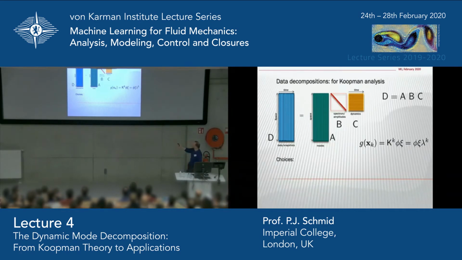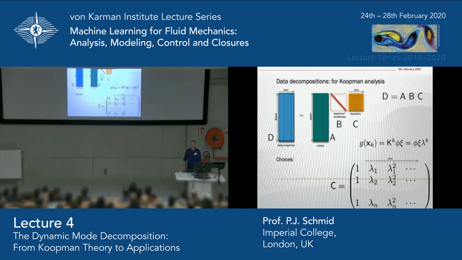So the last, final constraint is the shape of the C matrix. The shape of the C matrix is given here, lambda to the k. So the C matrix looks exactly like this: 1, lambda 1, I don't know what lambda 1 is.